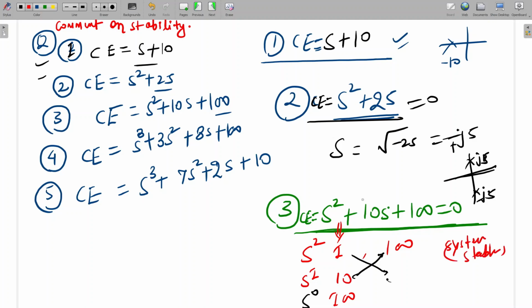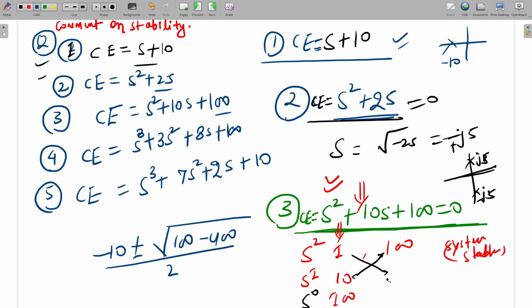Is it clear? And this is a quadratic equation. If you find the roots, what will be the root of this equation? Can anyone tell? Root will be minus 10 plus minus under root b square minus 4ac, so 100 minus 400, divided by 2.